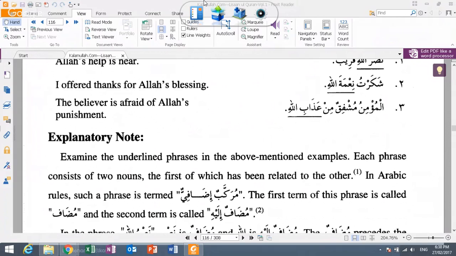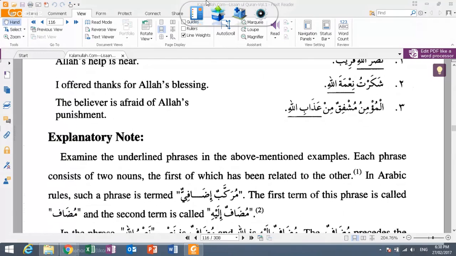So Sifa describes the Mawsuf, the first one, clear? Like Rajulun Tawilun, Tawil is describing Rajulun, clear? Here in Murakkab Idafi, you are ascribing one noun to another noun. Not describing, ascribing.